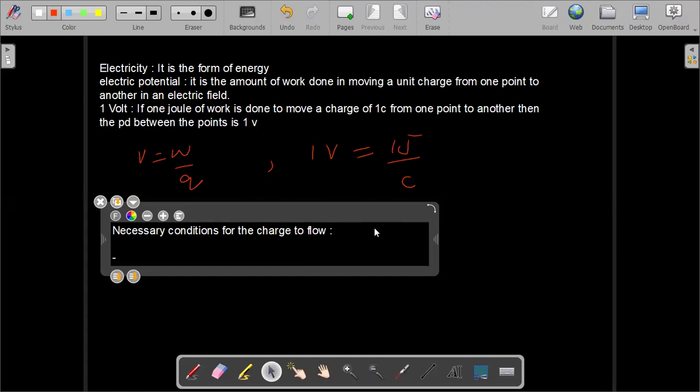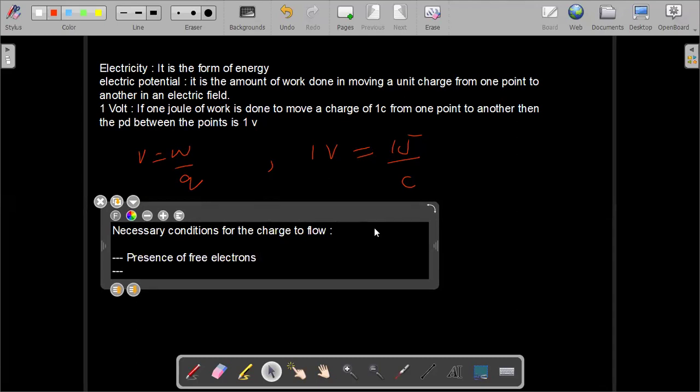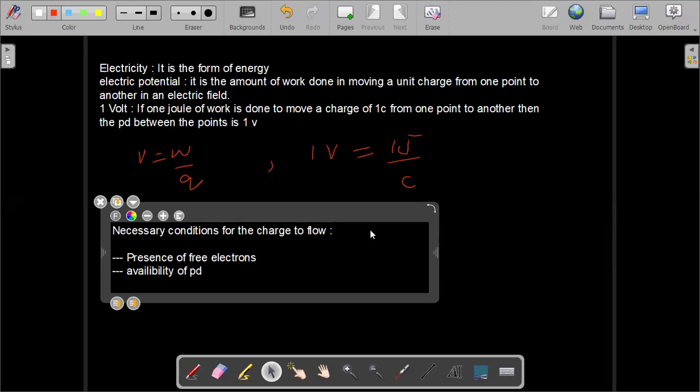Do you remember the conditions under which the charge would flow? Sir, presence of potential difference and the presence of free electrons. Yes, presence of free electrons and availability of potential difference. Anything else?